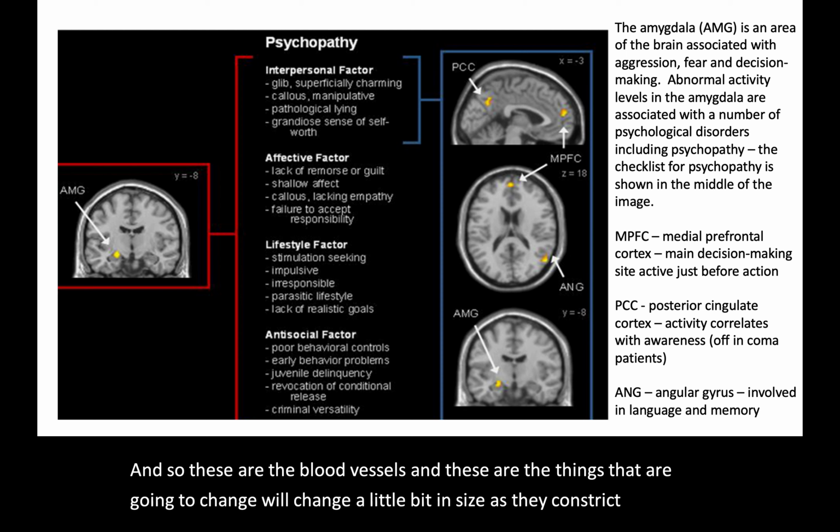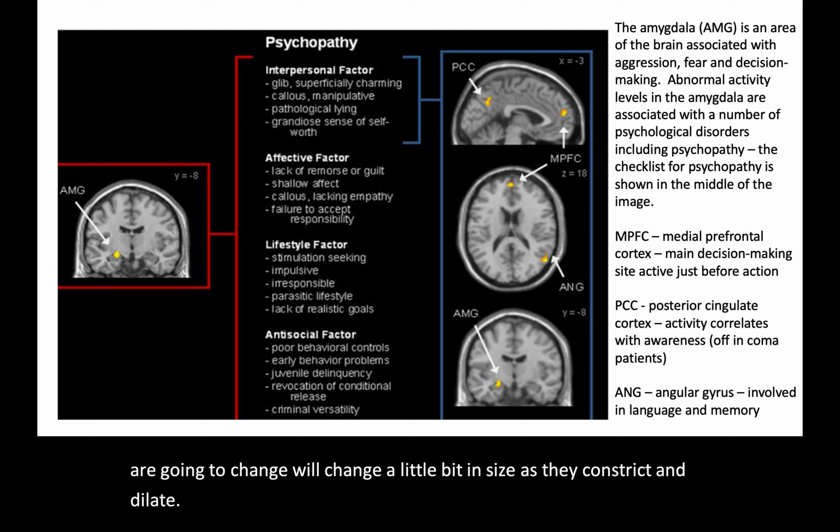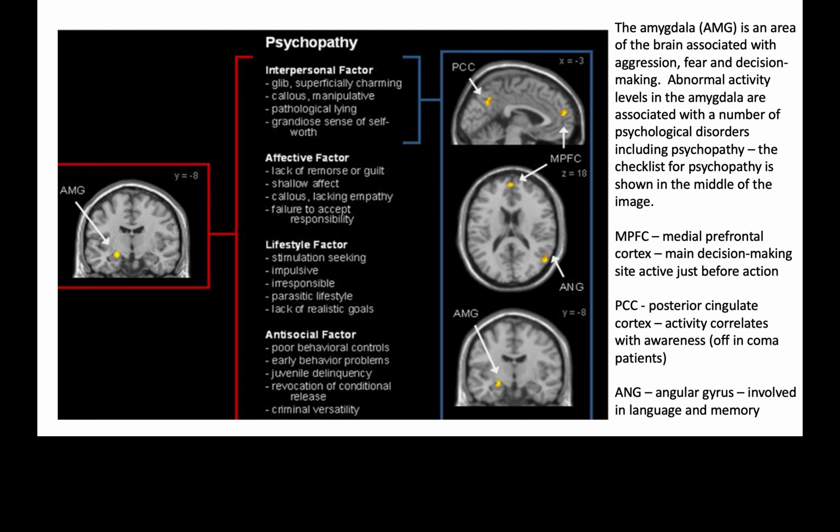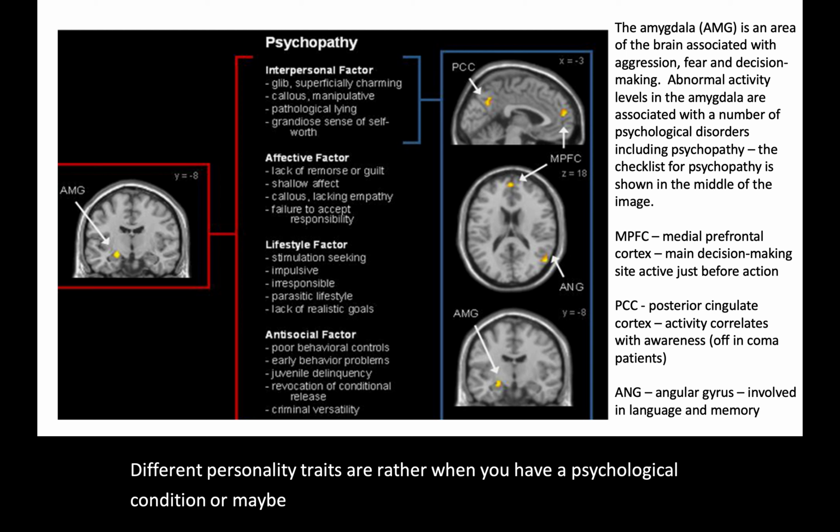Now, there are also different areas of the brain, and these would look just like any other part of the brain if you had a brain sitting in front of you. But some of these areas are involved in different personality traits, or rather, when you have a psychological condition, or maybe a psychiatric condition is a better word for it.